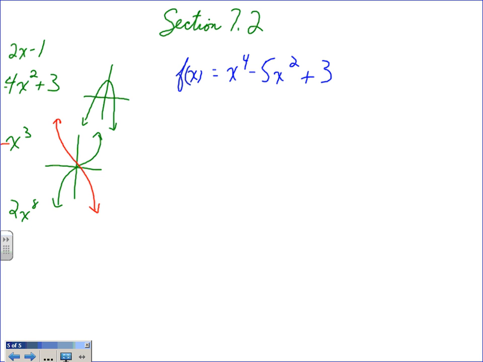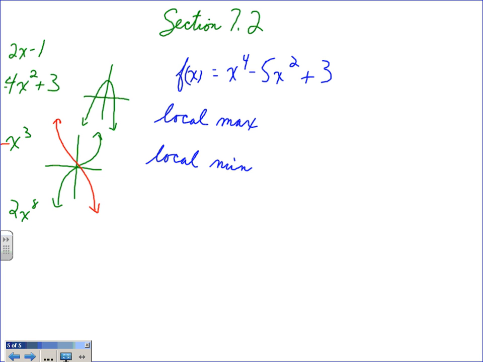Okay. All right. What we want to do here is we want to find any local maximum or local minimum. So we're looking for any of the local max or the local minimum. Local max and min.